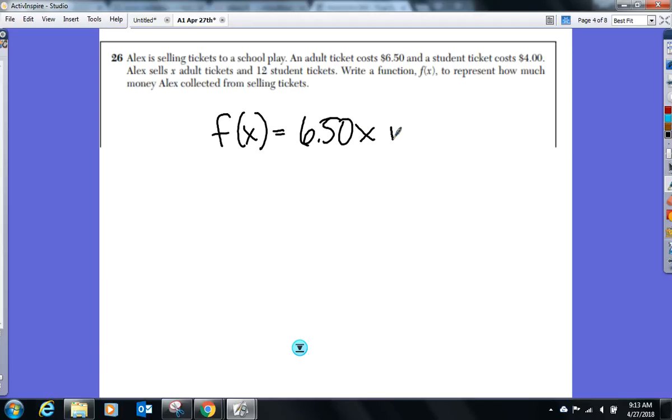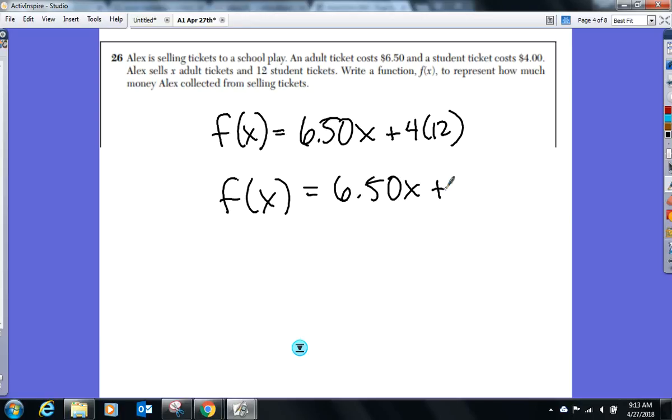Yep, plus. Nice job. Didn't want to do 4 times 12. And I think they would accept that one, Fiona. I really do. There's nothing wrong with it. It doesn't say in the directions to simplify it, so I wouldn't see anything wrong with either equation up here.